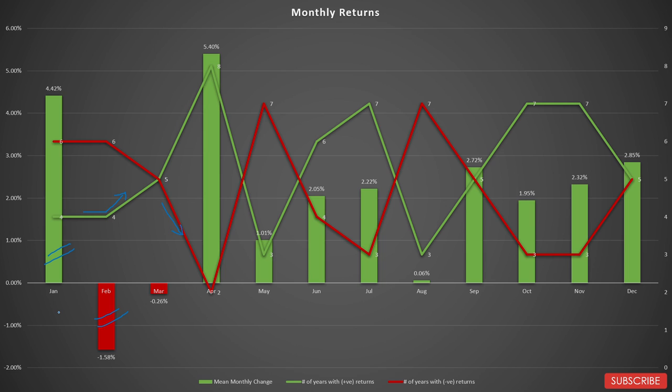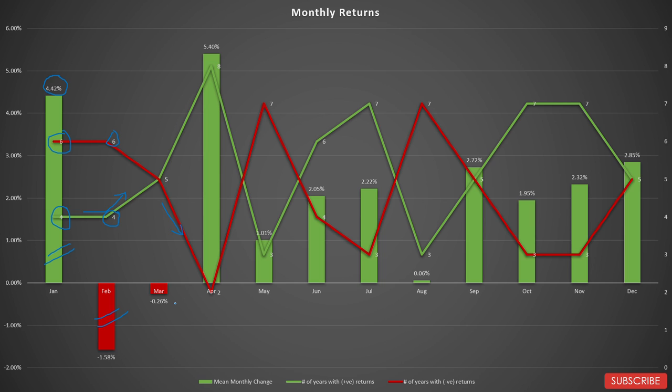So let's start with January. On average, January has given returns of 4.42% in the last 10 years, with 6 years giving negative returns and 4 years giving positive returns. February seems to be the worst month for this sector with an average return of negative 1.58% over the last 10 years, with 6 years negative returns and 4 years positive returns.